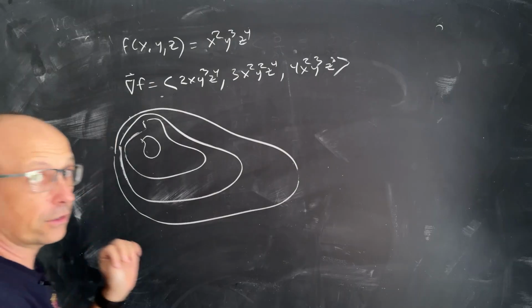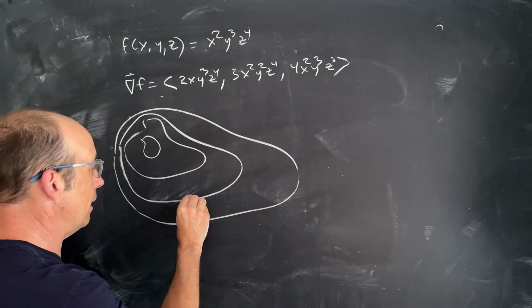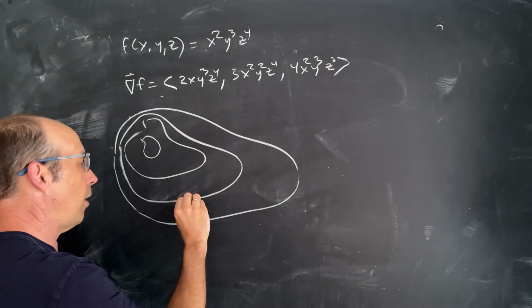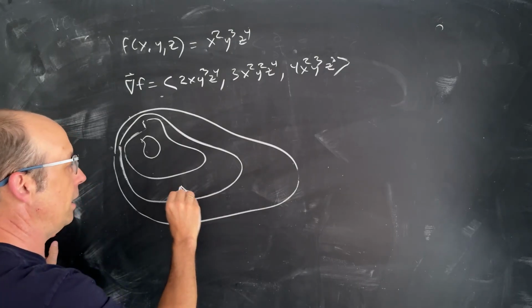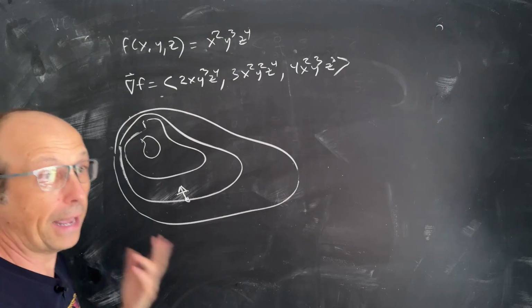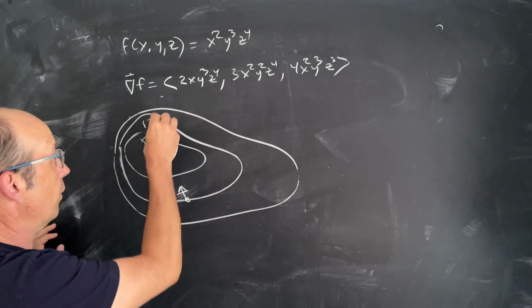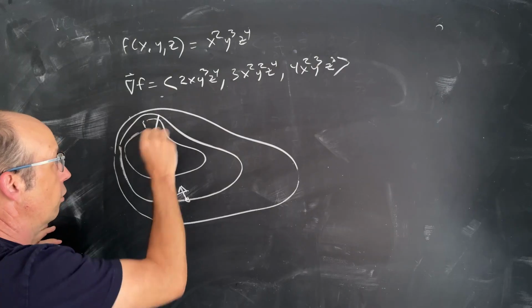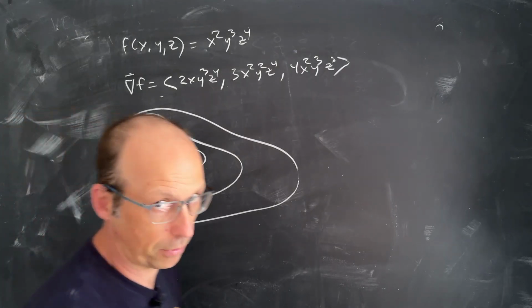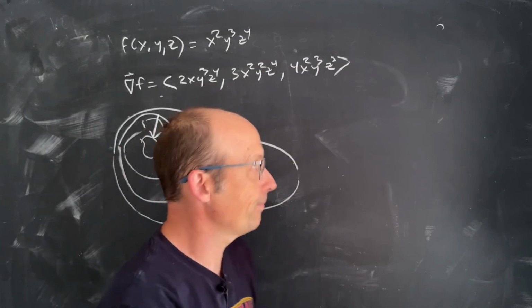But over here, the lines are closer together, so it's steeper. If I find the gradient at some point right here, we could represent that as a vector, and it shows me the direction that the slope is changing and how much. So it's going uphill, right? And if I did it over here, I'd have a much larger vector because it's steeper. So it tells me what the hill looks like, the slope of the hill.